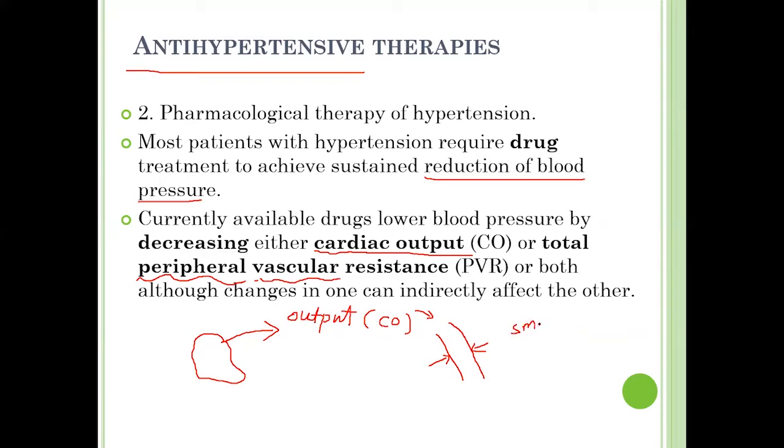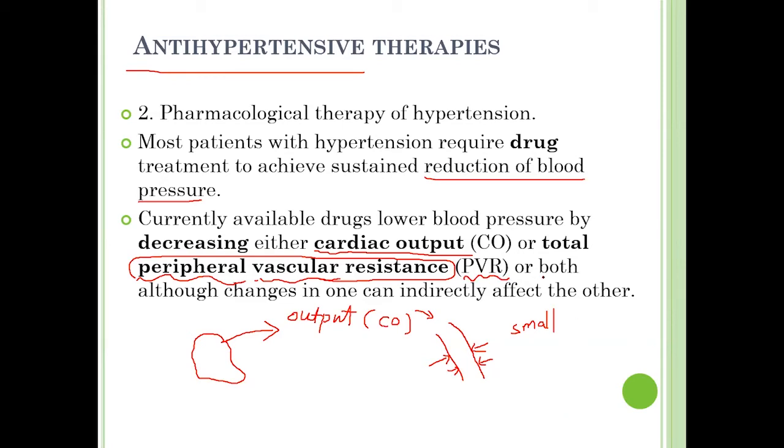Big blood vessels usually don't change that much. We just have a few pretty big arteries. But small arteries are all over the body, and their contracting and relaxing makes a totally big difference. So we're talking about peripheral vascular resistance, meaning how much they can hold in the blood vessels. So that's PVR.